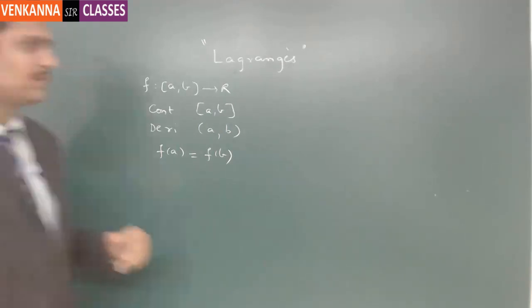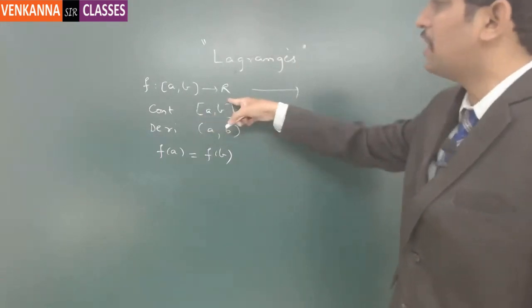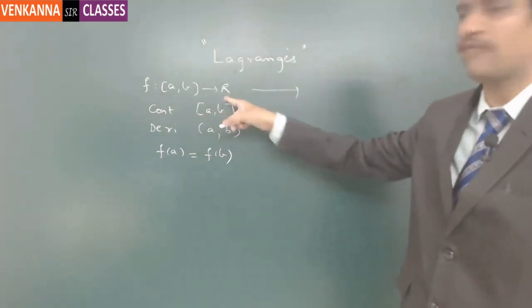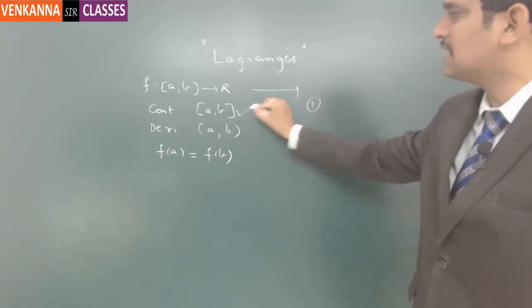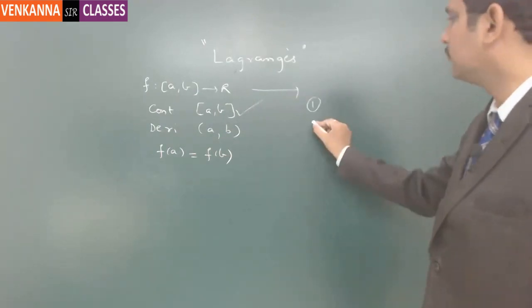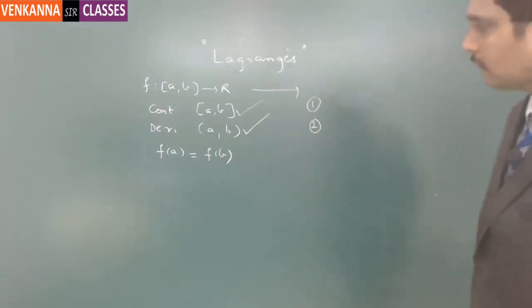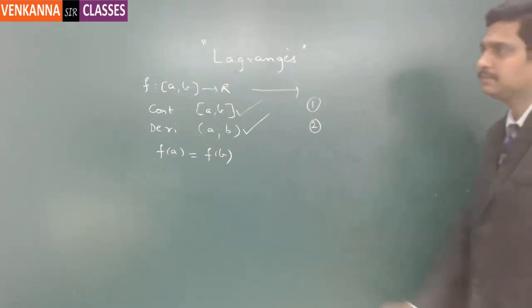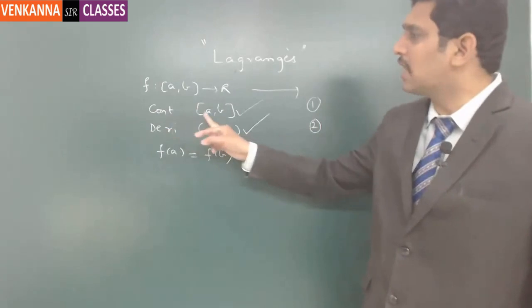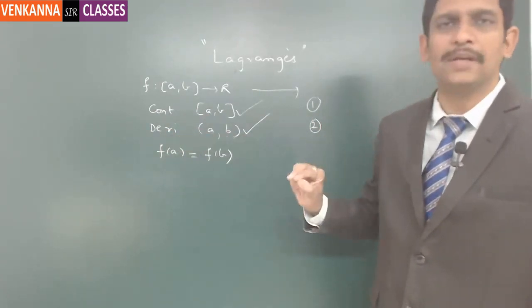Coming to Lagrange's mean value theorem, you consider the same function f from [a, b] to R defined, and f satisfies the continuity property, f satisfies the derivability property. So here we are taking only two properties, not three. f is continuous on the closed interval [a, b], f is derivable on the open interval (a, b).